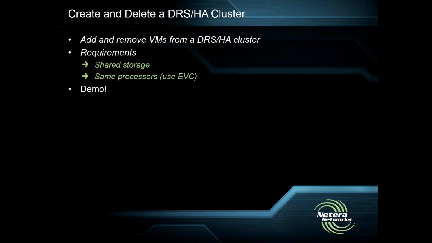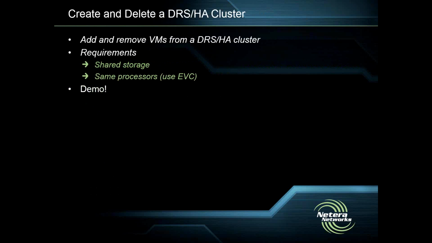Enhanced vMotion Compatibility is what EVC stands for. Clusters are meant to be able to not only vMotion VMs around, but in the case of HA, be able to restart VMs on similar processors, but certainly to vMotion between them as well.